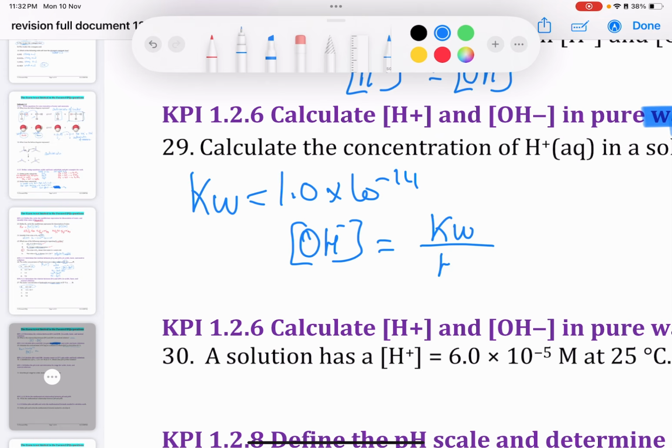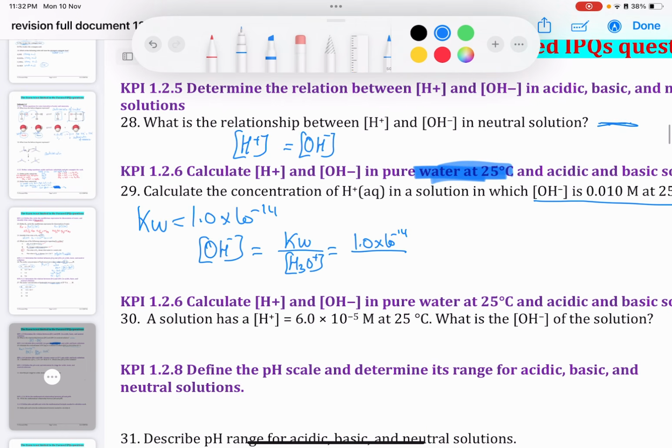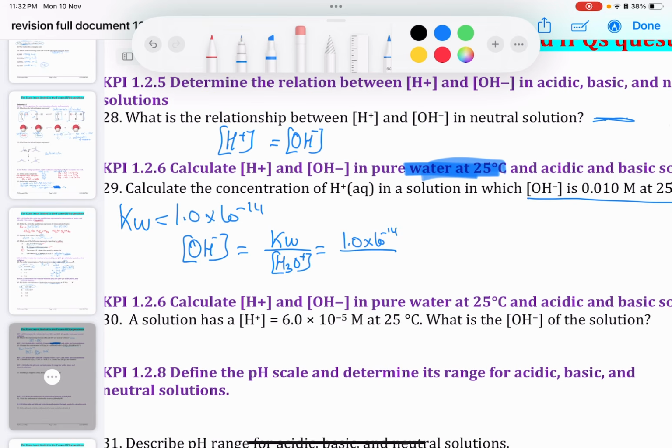So it is Kw over H3O plus, and that is 1.0 times 10 to the power negative 14. Sorry, I did the opposite. Here they are asking for H plus or H3O plus. It's the same. So here, OH minus 0.10.